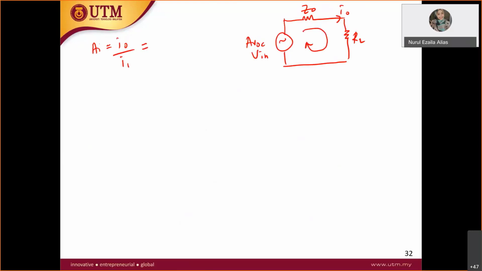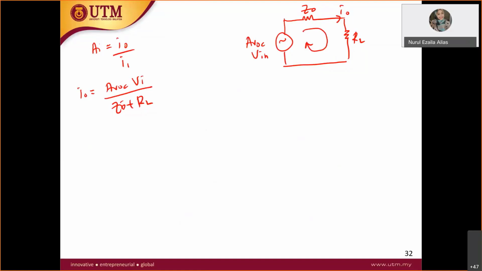From here, I out is equal to AVOC V in over Z out plus RL. Do you agree with me? Yes. This is the amplifier model, because we already calculated the AVOC, so we make use of it because we already have the value for the AVOC.